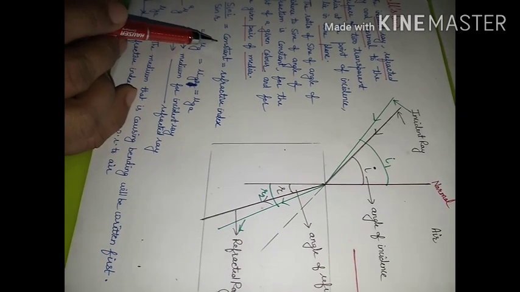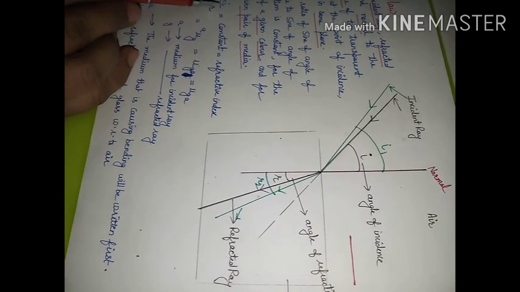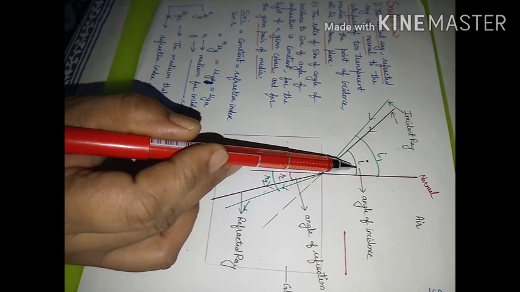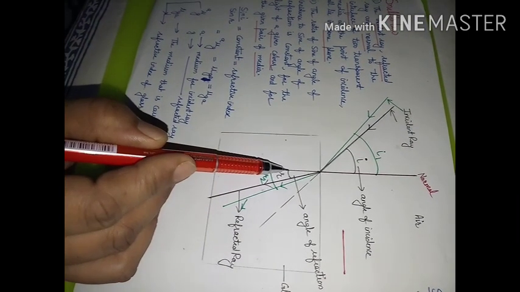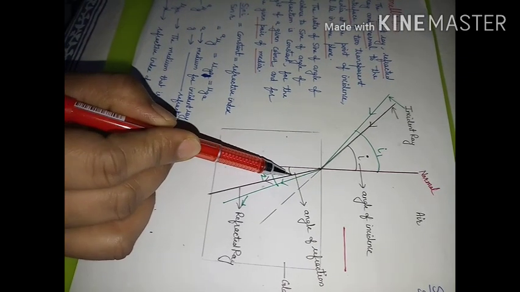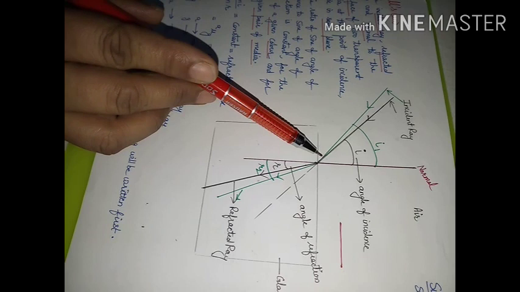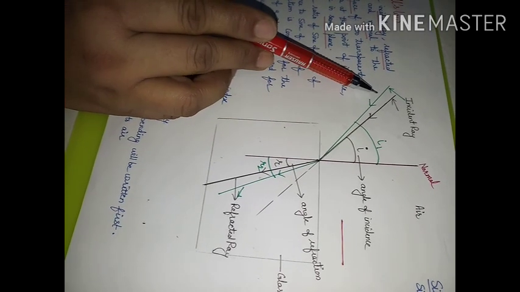This constant will not change if you are changing the angle of incidence. See, for angle of incidence I, this is angle of refraction R. Now focus on the green colored ray. This green line is representing the incident ray.